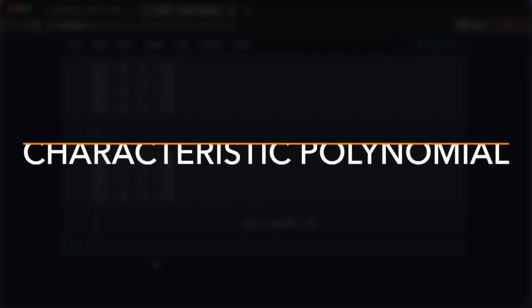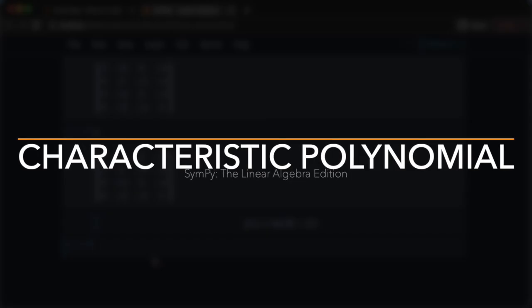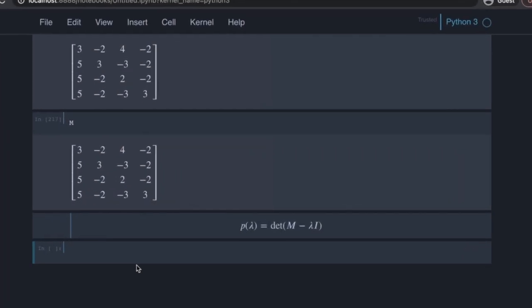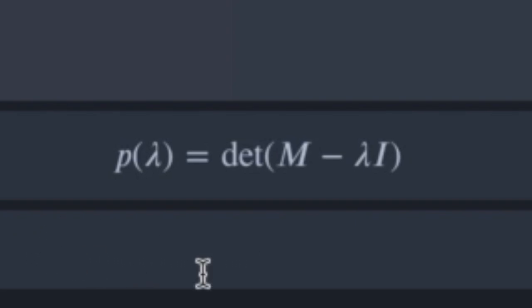Now let's say you're in a situation where, okay, I know the eigenvalues, I know the eigenvectors, but I'm not interested in them. What I'm interested in is the characteristic polynomial of matrix M. Well, you can obtain it really easily in SymPy. All you have to do is create your lambda as such.